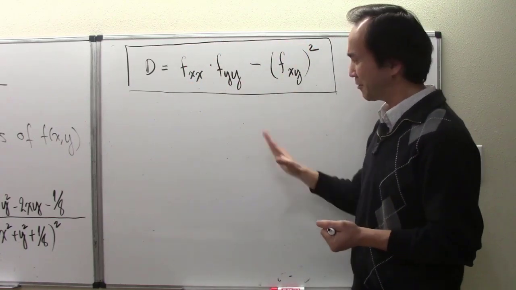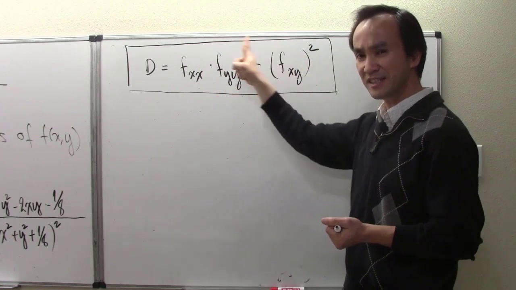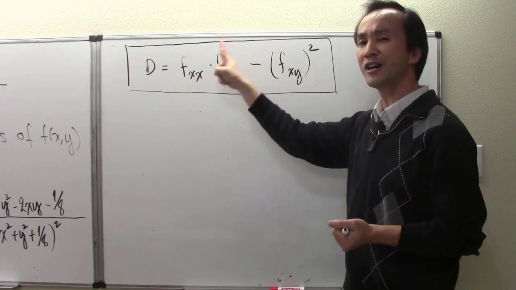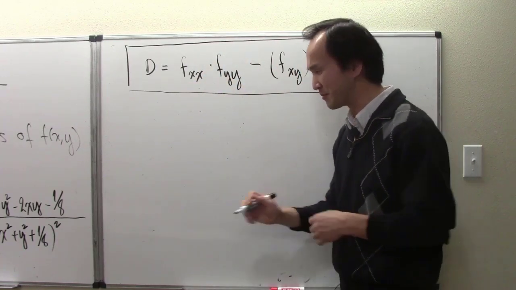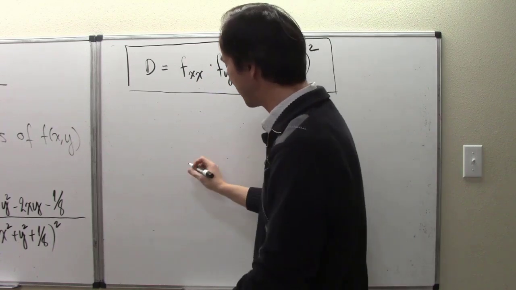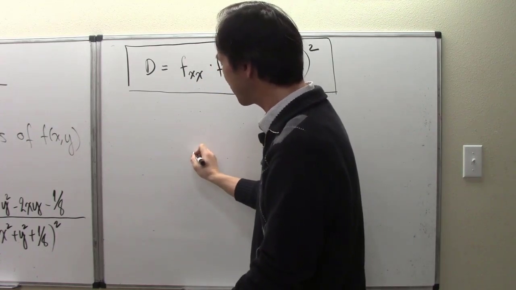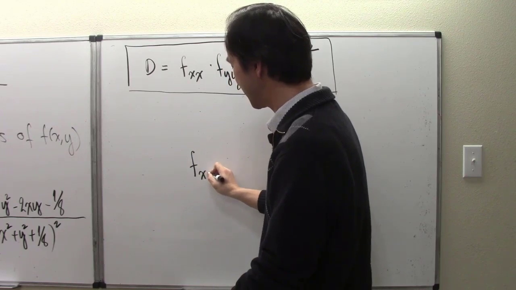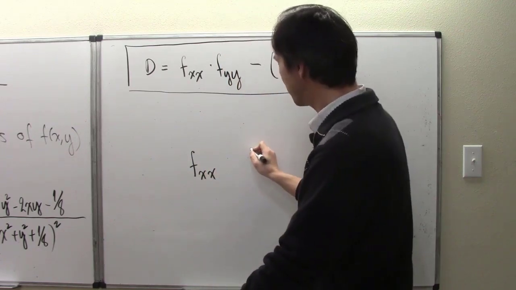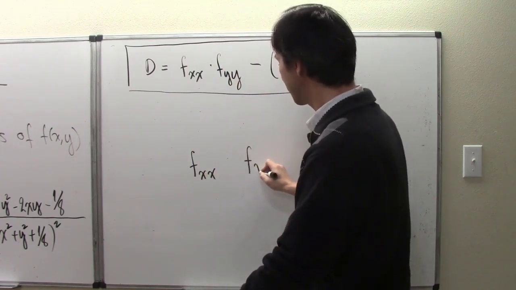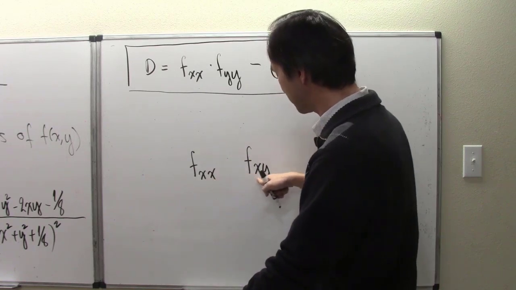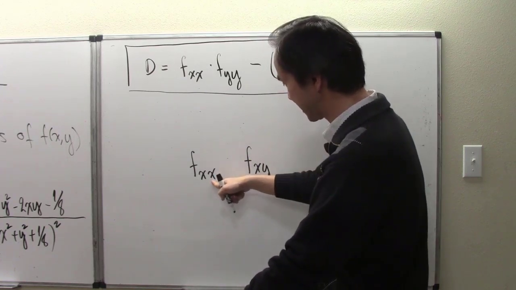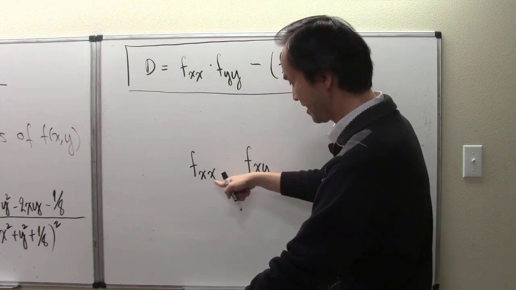Okay. Now, if anyone finds this expression hard to remember, there's an easier way to remember. Think about a determinant as follows. First row in the determinant, it's f sub xx, and then switch over to f sub xy. So all of the first row is in terms of x, and then the second partial derivative in terms of x and y.